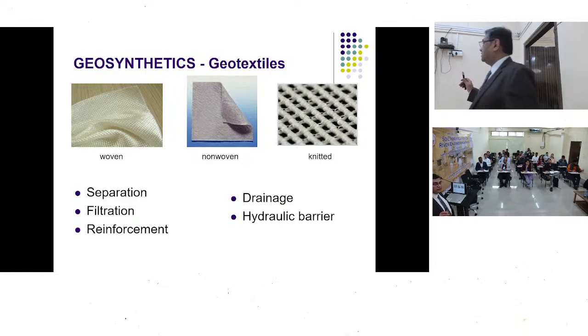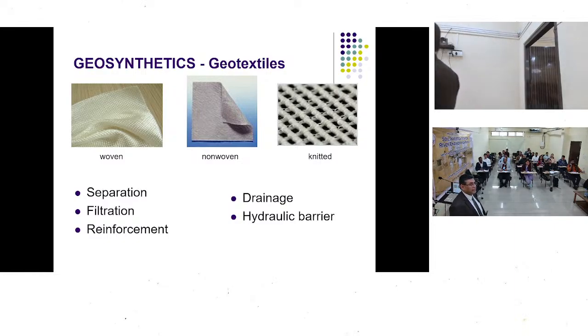Let me go through the different types of these geosynthetic materials so we can understand them in a better fashion. Geotextiles are one of the major parts of the geosynthetic family, and their applications are huge.